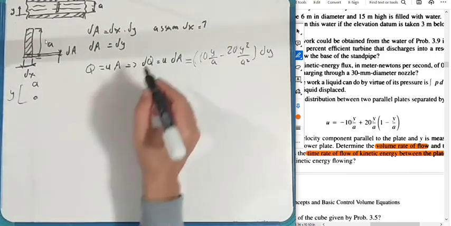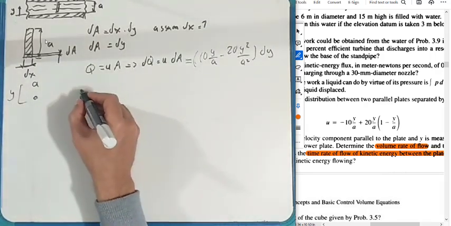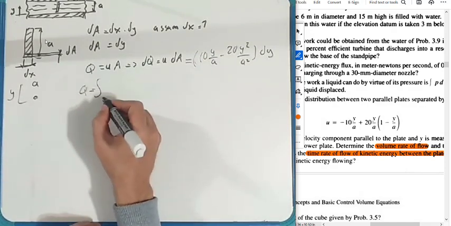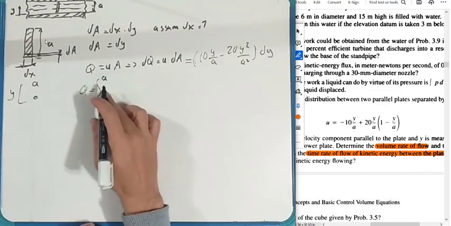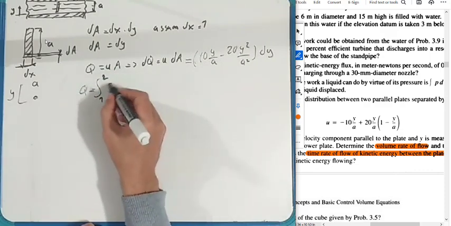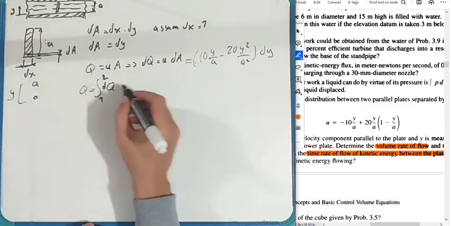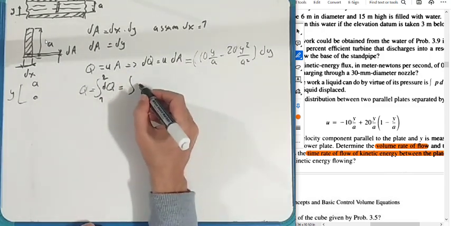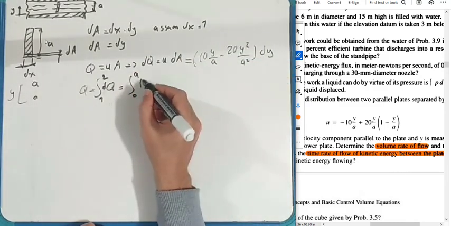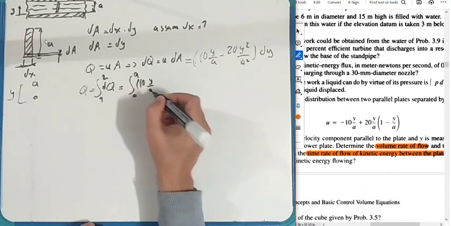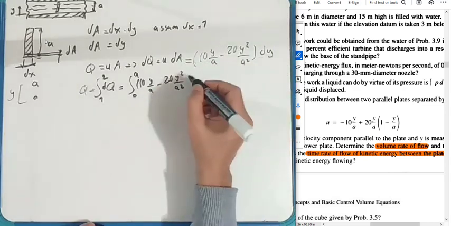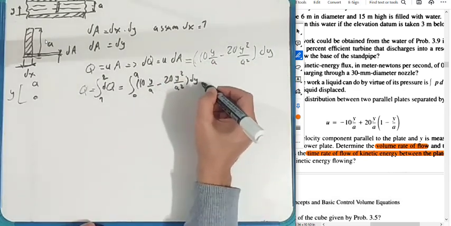Then for knowing Q, the flow rate, I have to integrate this equation from 0 to a, or better to say from 1 to 2, exactly as in this equation, dy.